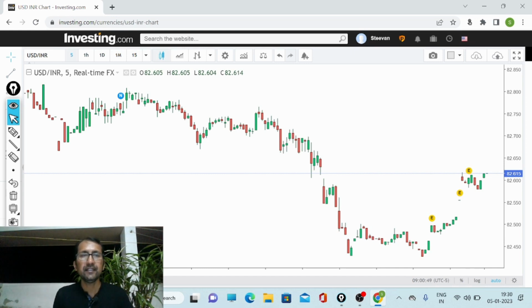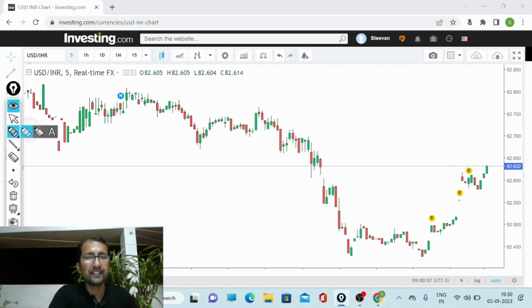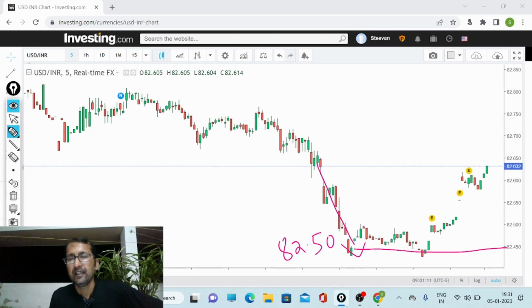Today surprisingly the USD-INR pair sold off. You can see the selling off in the morning. It reached almost around 82.5 levels, and for the day it sustained 82.50 support, and for the last 1 month this is almost the lowest level.